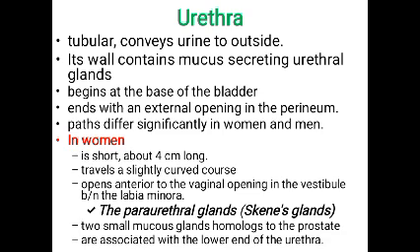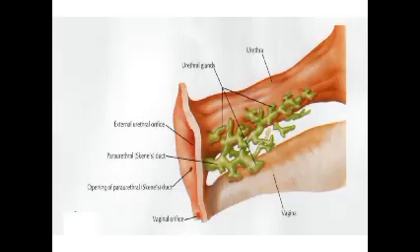The paraurethral glands, or Skene's glands, two small mucous glands homologous to the prostate, are associated with the lower end of the urethra. The diagram is just like this.